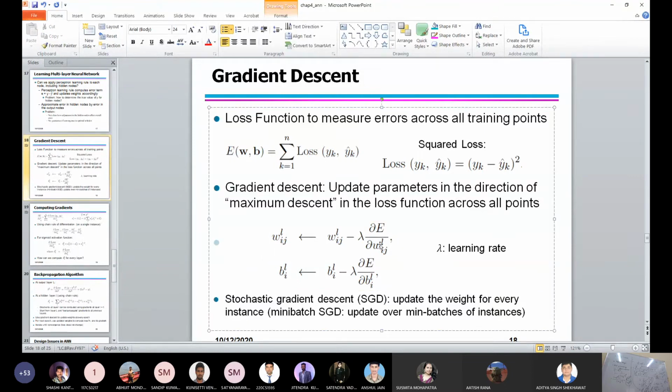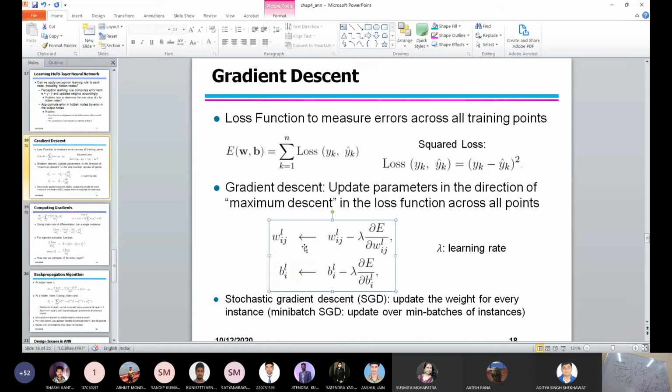This derivative is what we learned just a few minutes before, and it will be used here. Similarly, the bias Bi is another variable that also contributes to the loss. So in the same fashion, the parameters will be updated in the same way.